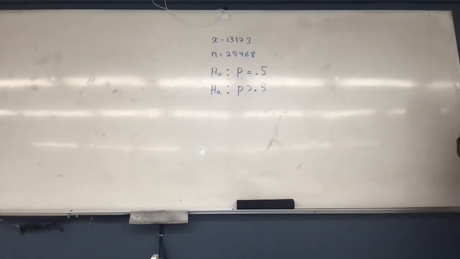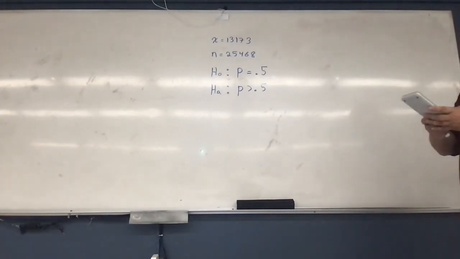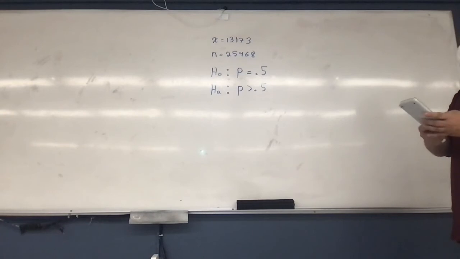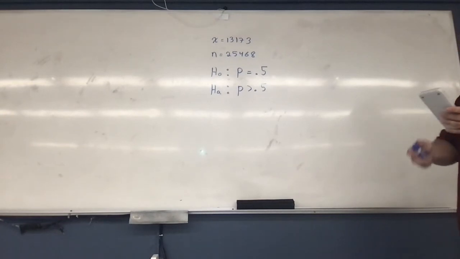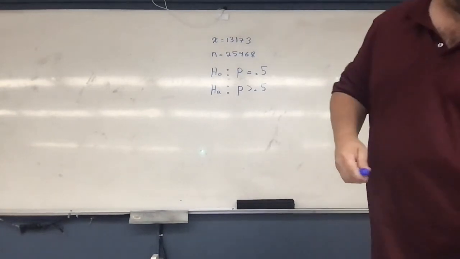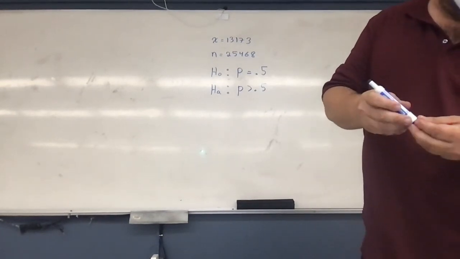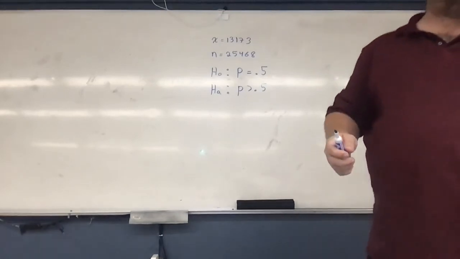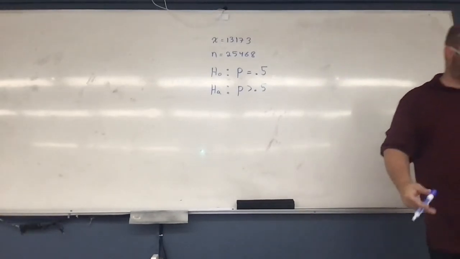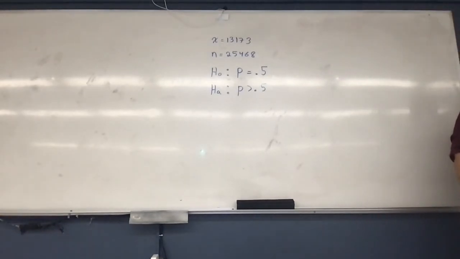13,173, 25,468. This is a greater than calculation. So what is my p-value? What is my p-value? No one has said it correctly yet.